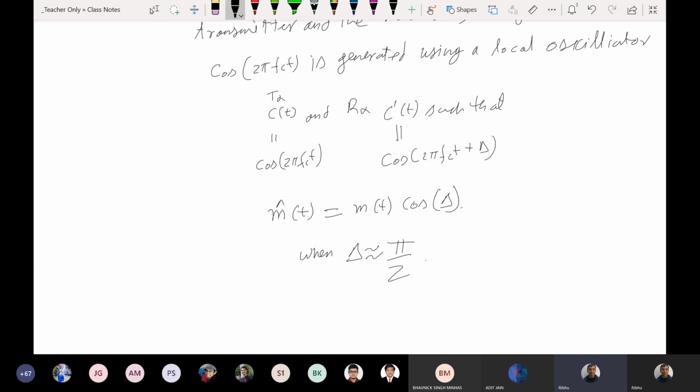And because of that, we can no longer use the envelope detector for demodulation. That is another point that I forgot to mention. Thank you for that. The envelope detector is also called a non-coherent detector. We can use it for non-coherent detection, but here the non-coherent detection fails.